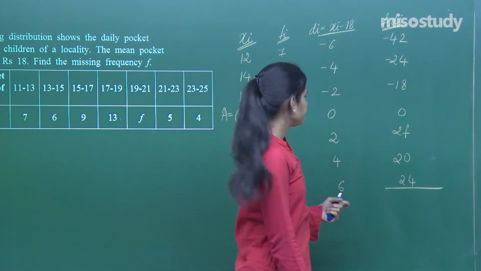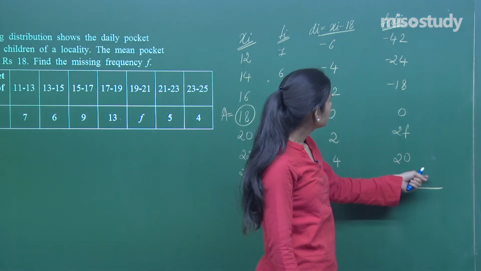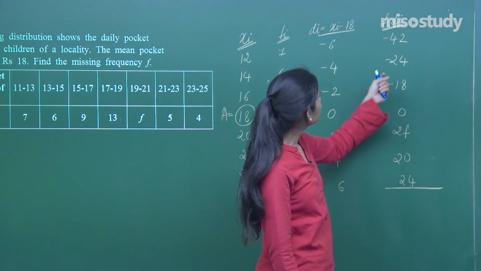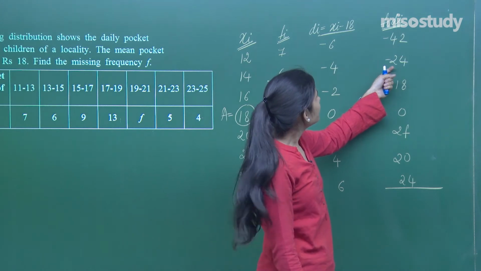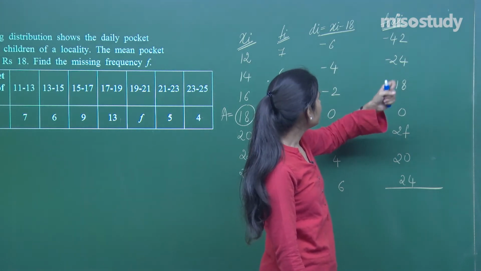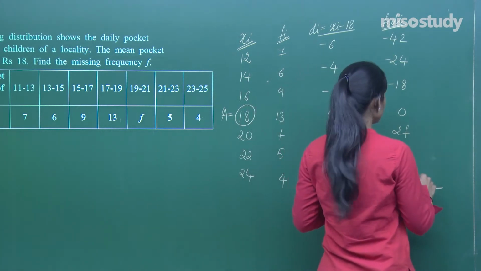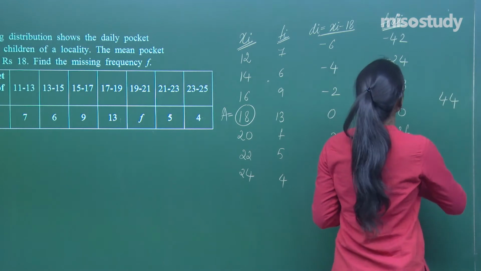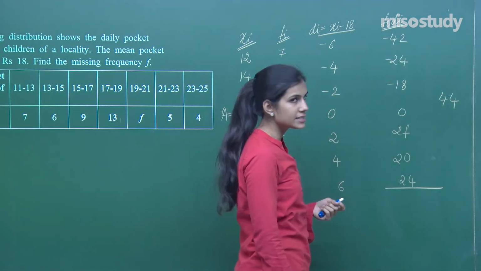Let's add this up. 20 plus 24 is 44. And if I talk about minus 42 minus 24, this is going to give you minus 66.